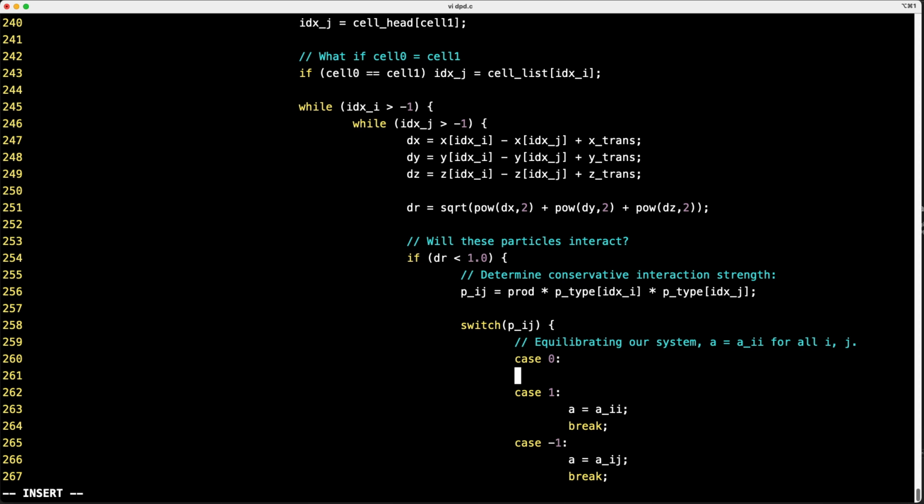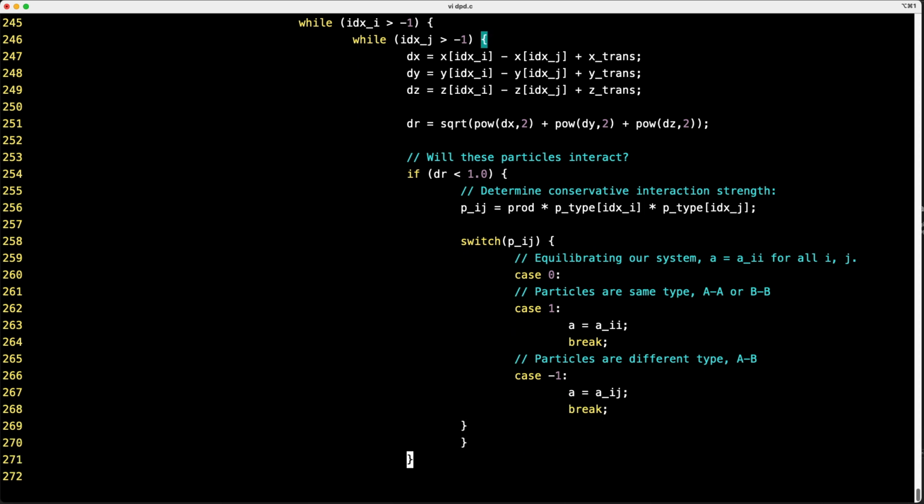And let's put some comments in here again to remind us. So the particles are same type. So we've got polymer-polymer or solvent-solvent. And then down here, if this is equal to -1, then we've got particles of a different type. So we have an AB type interaction. Okay, so now we've got that.